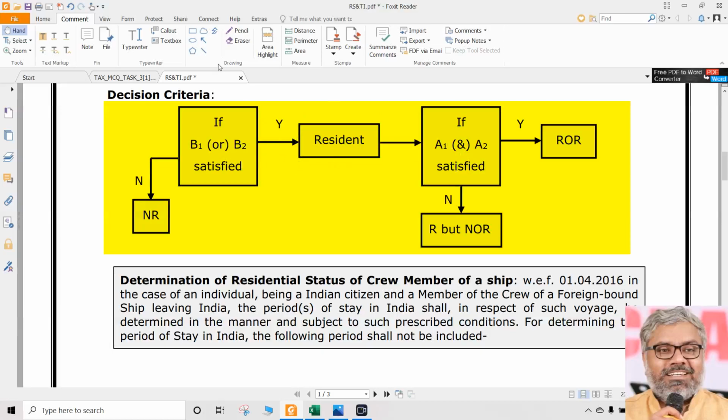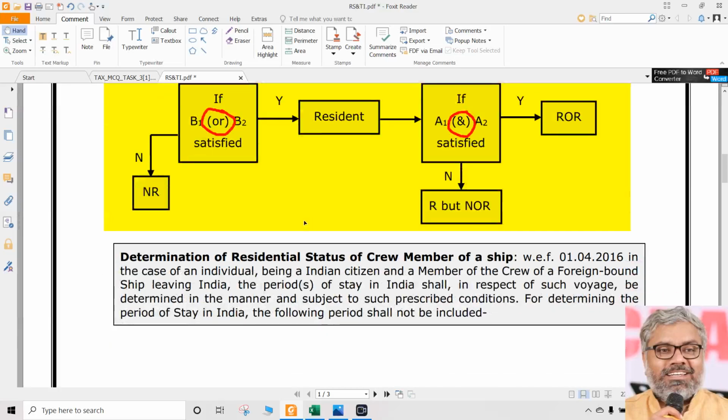Observe here very carefully. Here we are talking about basic condition numbers 1 or 2. Here we are talking about additional condition number 1 and 2. There is a difference between these two. That observation is required. So if both additional condition number 1 and 2 are satisfied, then he becomes ROR. If not, he is RNOR. This is the simple flow chart for determination of residential status of individuals.